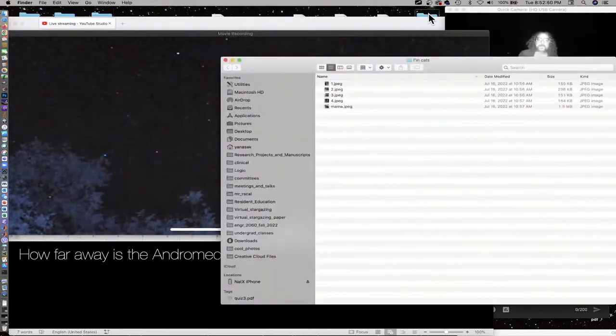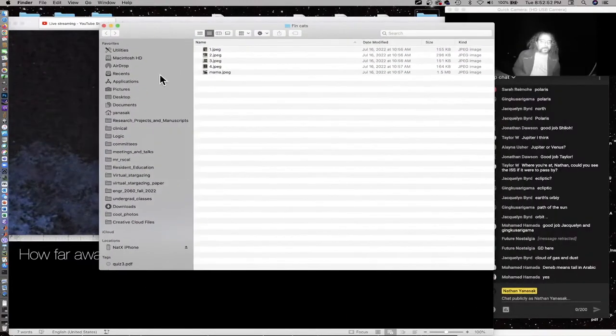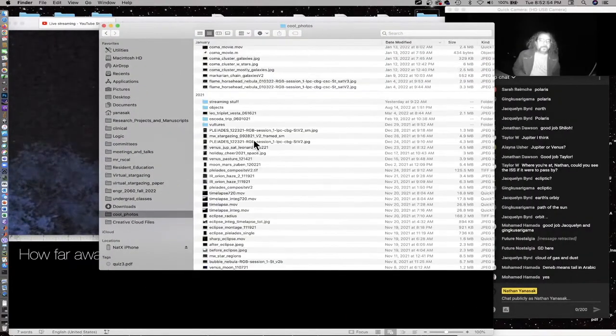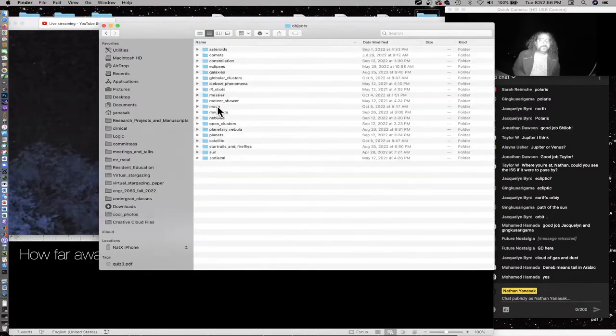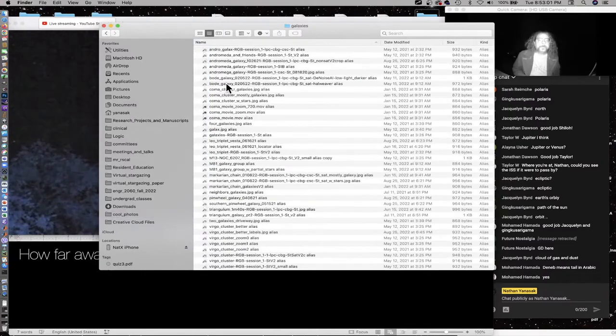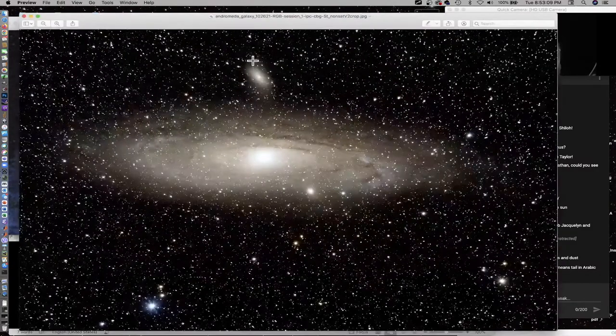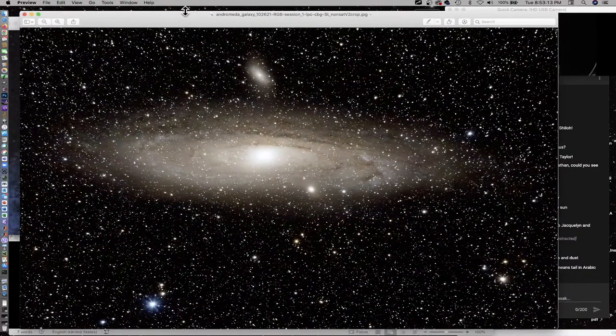I am going to show another picture here as you are thinking about this. So let's take a look at the Andromeda galaxy. Hopefully this is a good picture. We'll see. There it is. There's the Andromeda galaxy, closest neighboring galaxy to us.